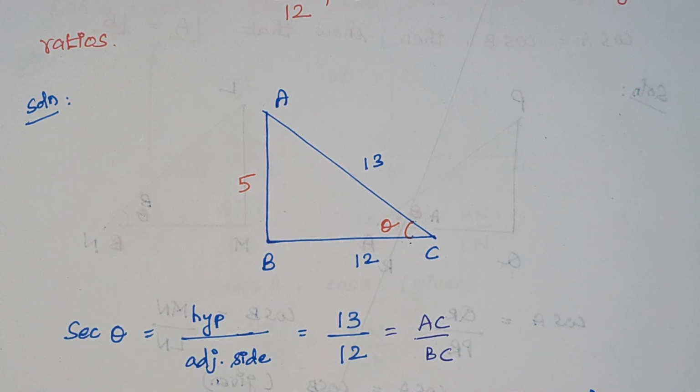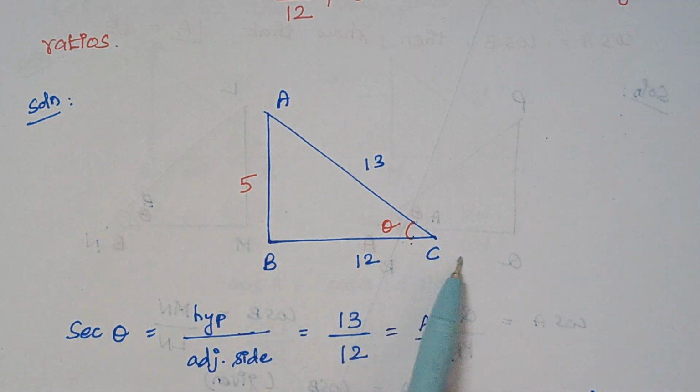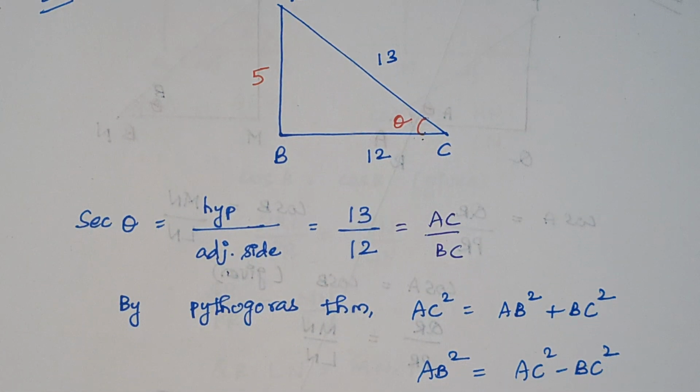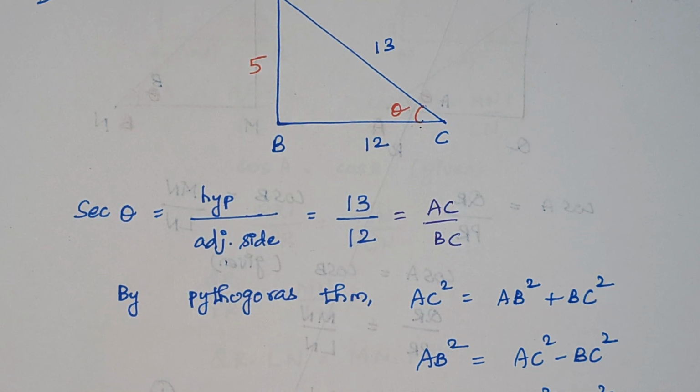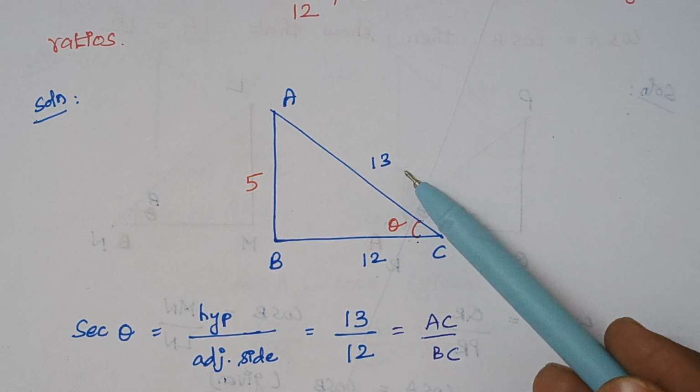Now as usual, since we need to calculate all the trigonometric ratios, we should know all the values of the sides, right? So by Pythagoras theorem, AC square is equal to AB square plus BC square. This is the formula. Here the unknown side is AB, as you know the values 12 and 13 are given.